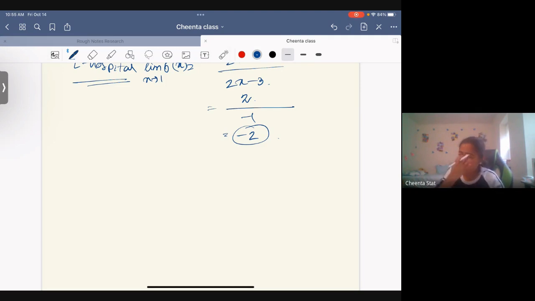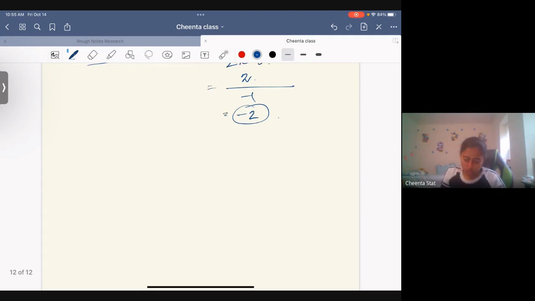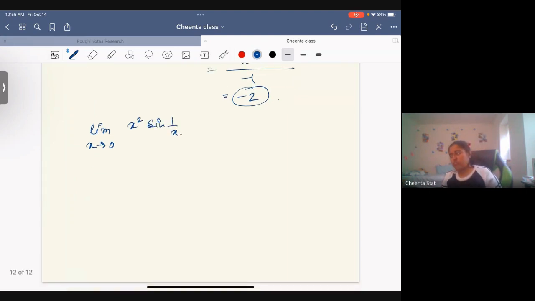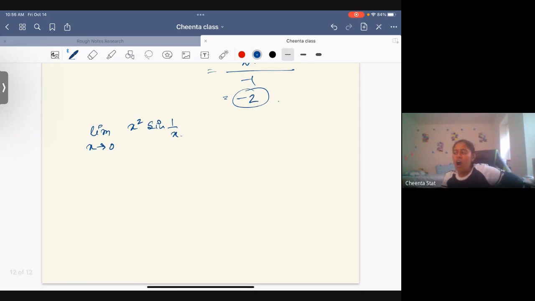So let me find this limit: limit x tends to 0, x square sine of 1 by x. x tends to 0 means 1 by x tends to infinity.